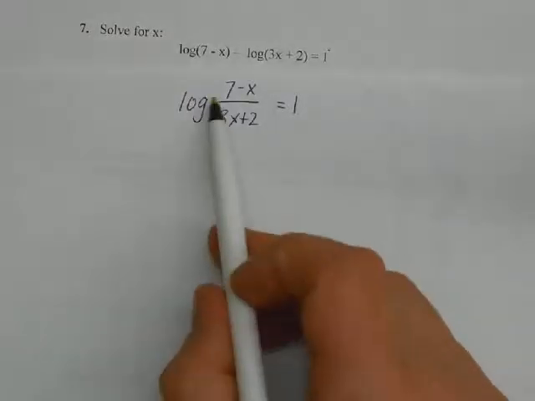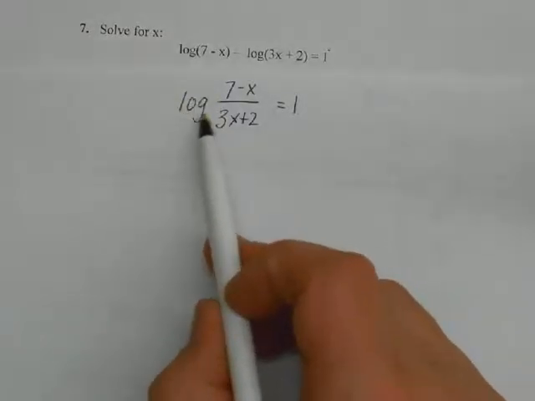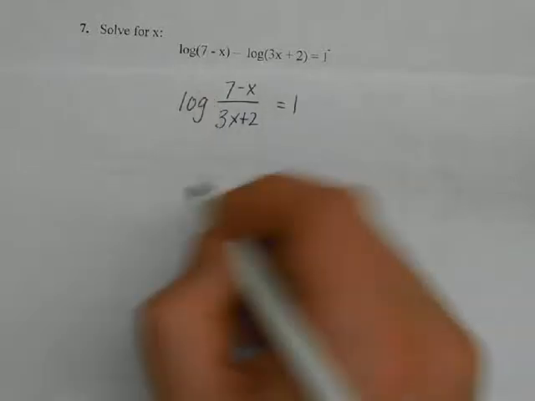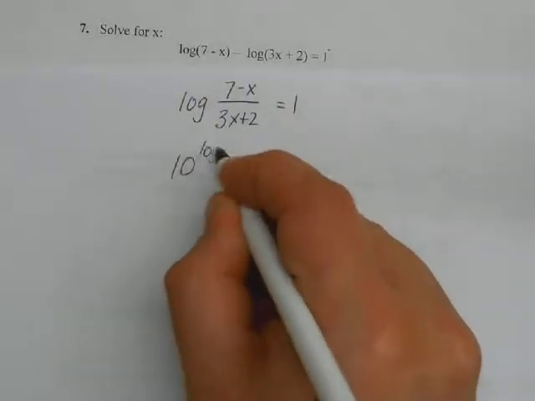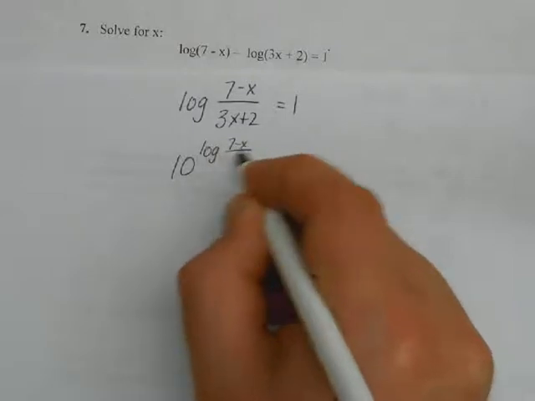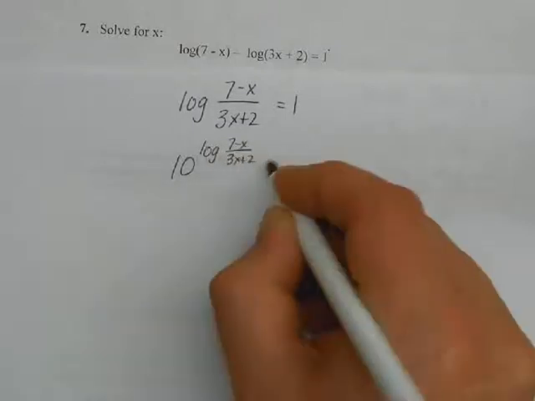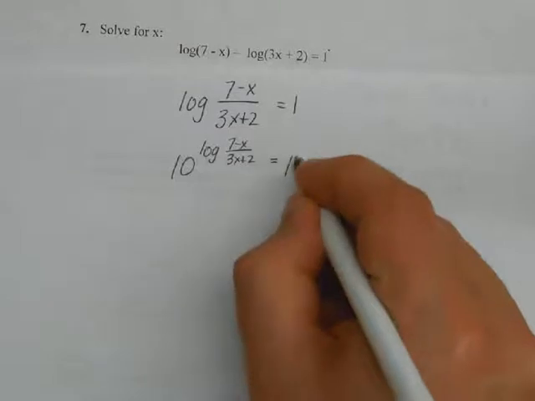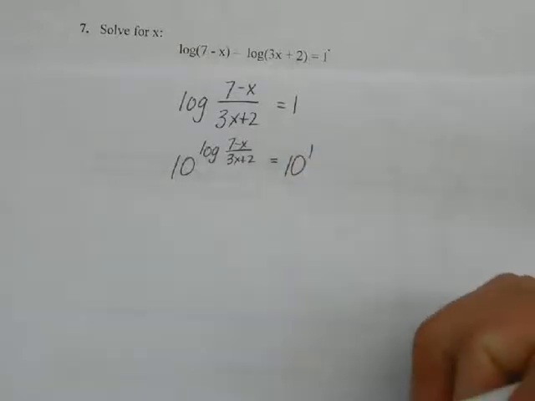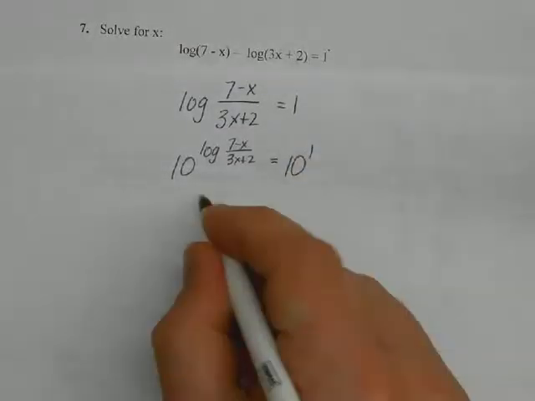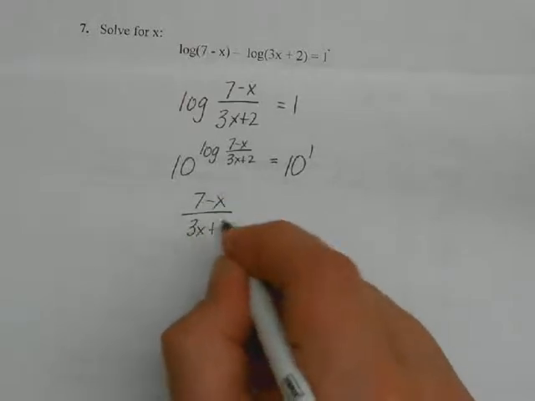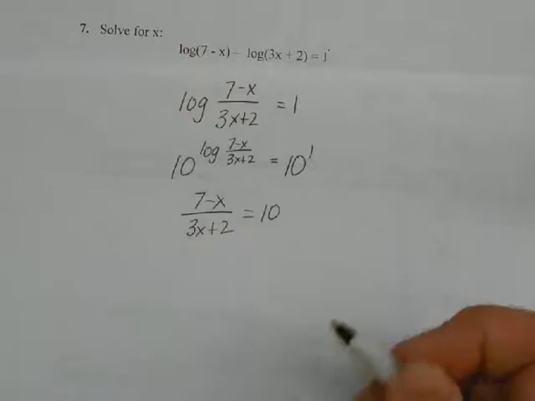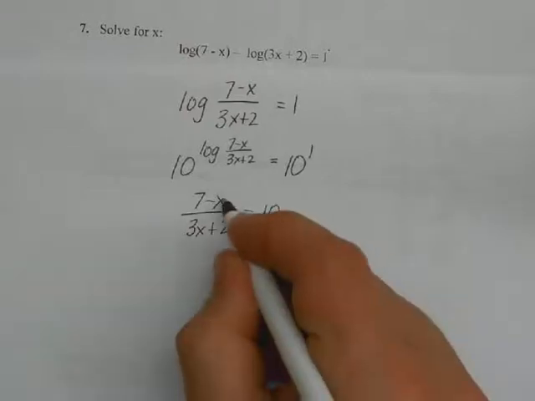To get rid of the log, we're going to simply raise both sides of the equation as exponents with bases of 10. So I get 7 minus x divided by 3x plus 2 equals 10.